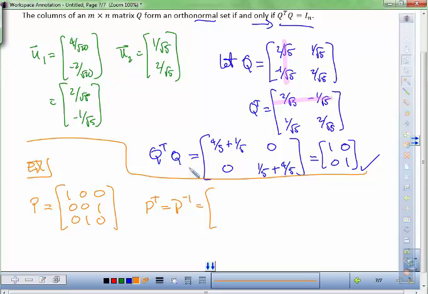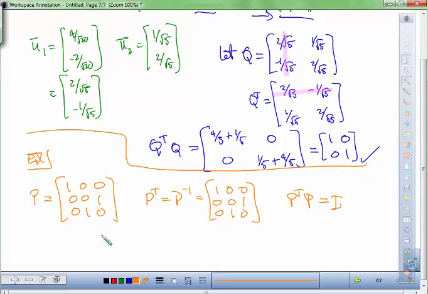Well, in this case, it's the same. Should I pick something that's not the same? You already know it's invertible. Yeah. Well, anyways. And then we know that P transpose times P is equal to the identity in this case.